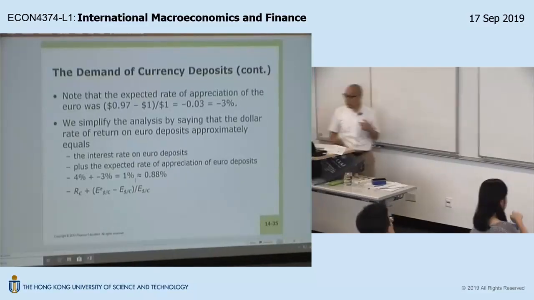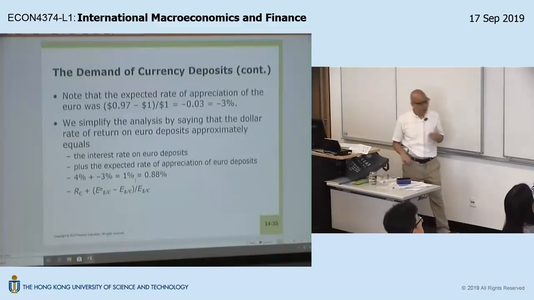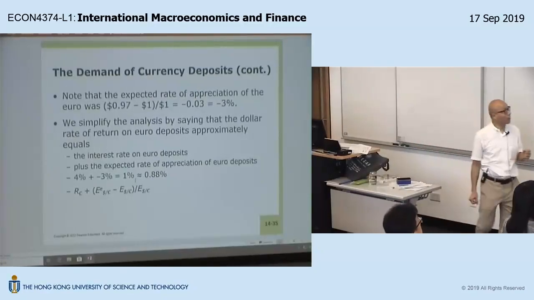So the expected rate of appreciation of the euro is negative 3%. The euro is supposed to depreciate.